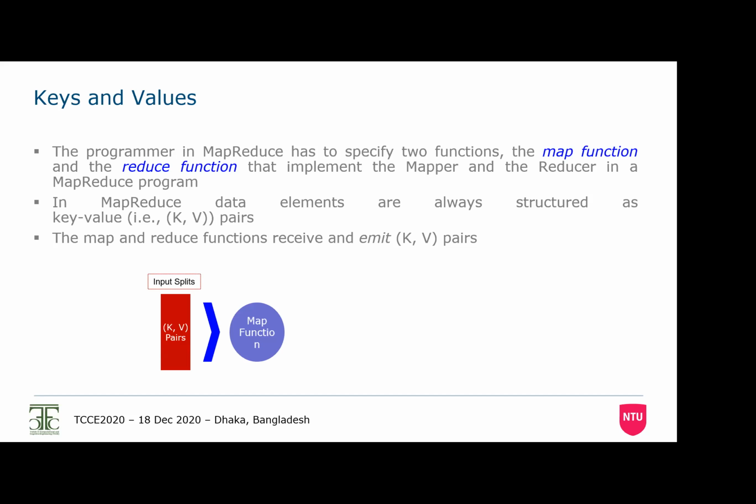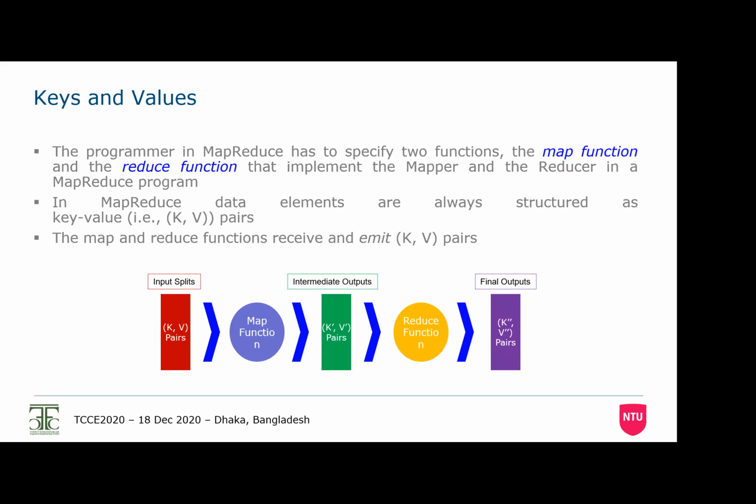Then we perform the mapping function. Once the mapping function is performed, the intermediate outputs are generated, which are again a modified key value pair. From that, we perform the reduce function, and we get the final output, which is again a reduced version of the key value pairs from the intermediate outputs. So roughly, this is how it would work.